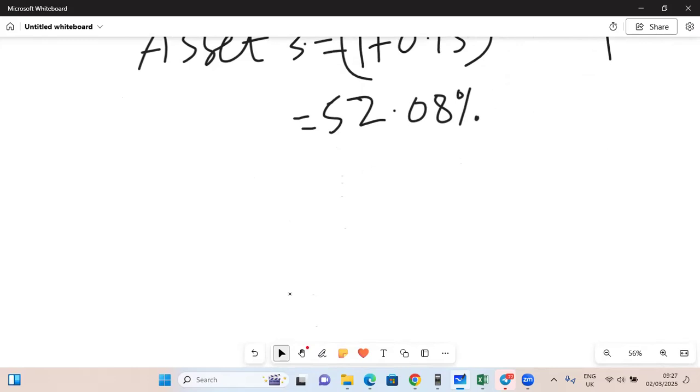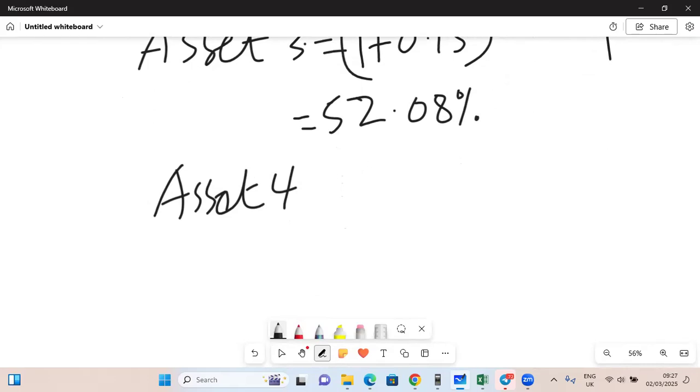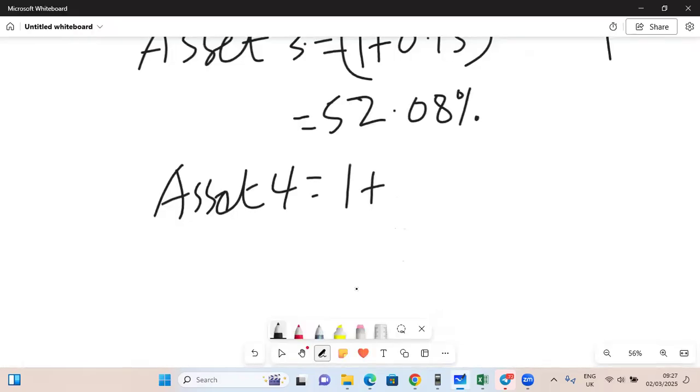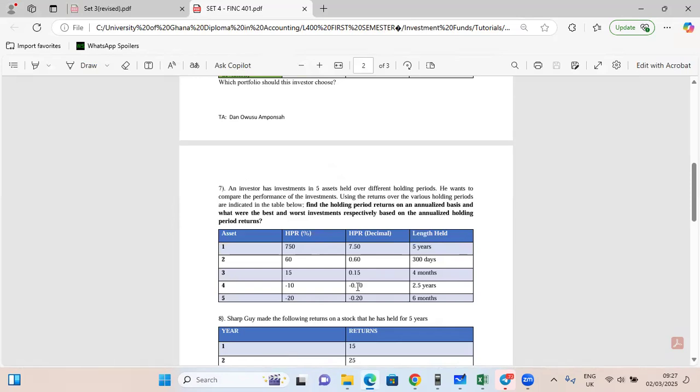Now let's go to asset 4. Asset 4 is going to be 1 plus, in brackets, negative 0.1. Remember, it's negative. Negative 0.1 raised to the power how many years? So 1 over 2.5.